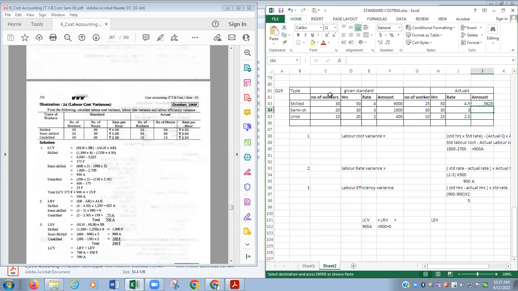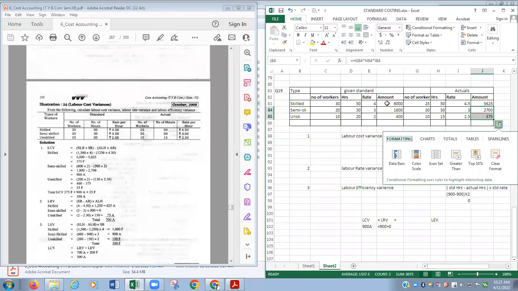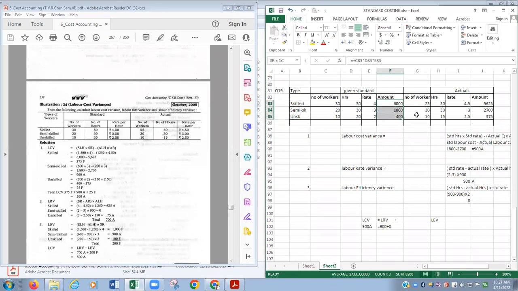Same way for semi-skilled and unskilled. Clear? So I'll just add total values of 3 types of workers.